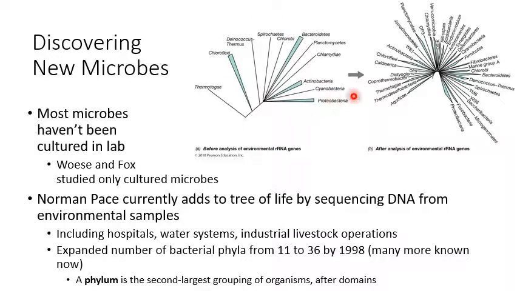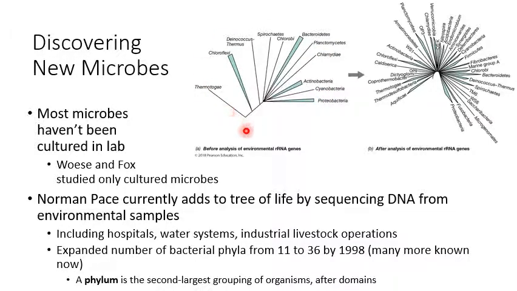from this to this. So this would be the whole domain of bacteria. And each of these branches or little wedges coming off of it is a phylum. So under domains, phylum is the next biggest grouping of species. And based on Woese and Fox's data, they had figured out that there's this many different phyla. It's 11 different phyla of bacteria.